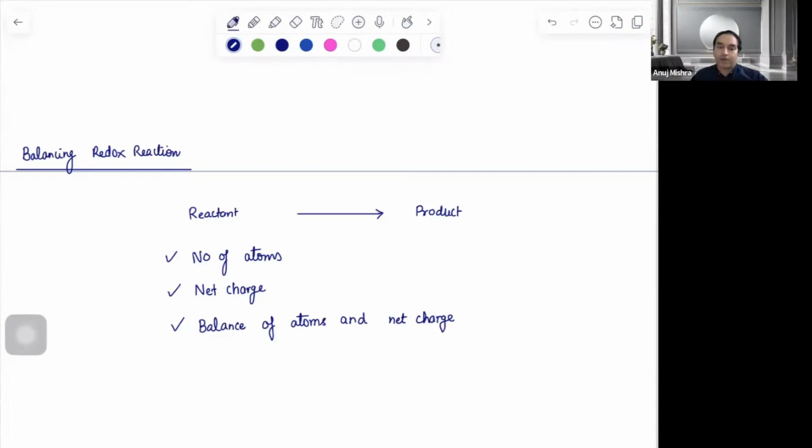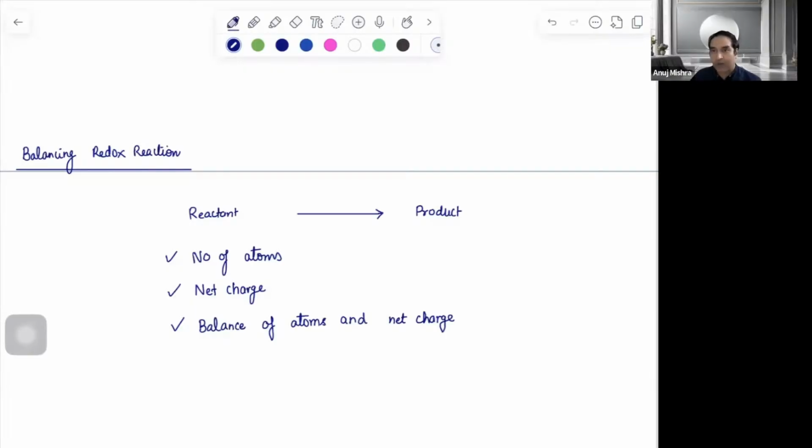Any difficulty in this part? So point number one, the number of atoms should be the same across this arrow. Point number two, the net charge is the same across. So let's say on the left side net charge is +2, the right side also should be +2. Left side is 0, right side should also be 0. You can't say that charges are created or something like that.